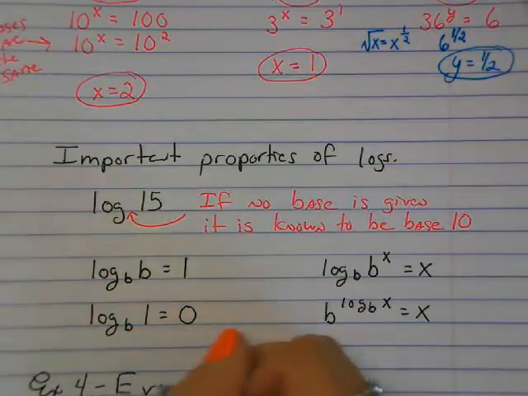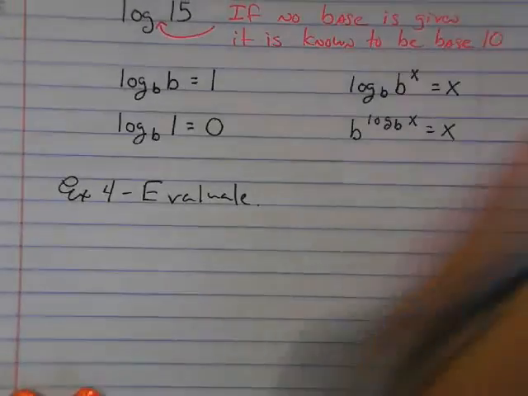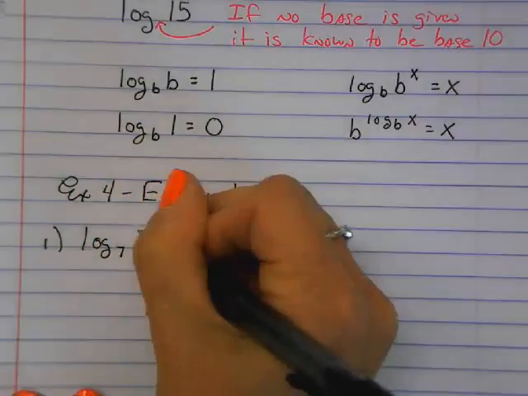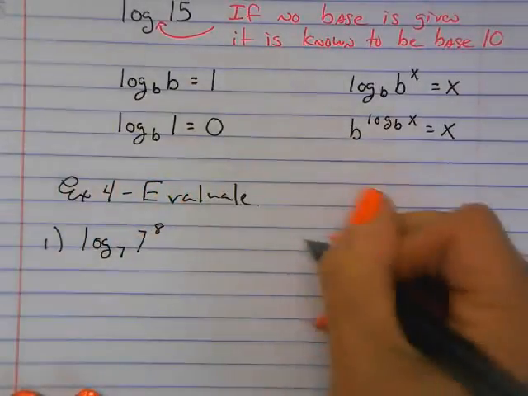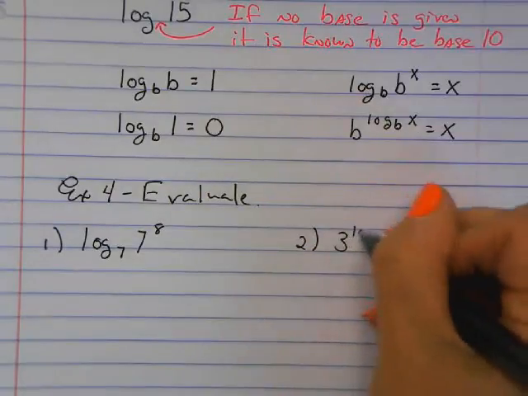Alright, so example 4, evaluate. Let's say I have the log of base 7, 7 to the 8th power. And I have 3 raised to the log base 3 of 17.